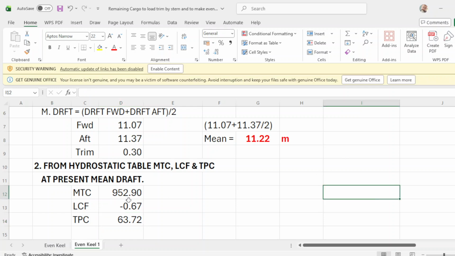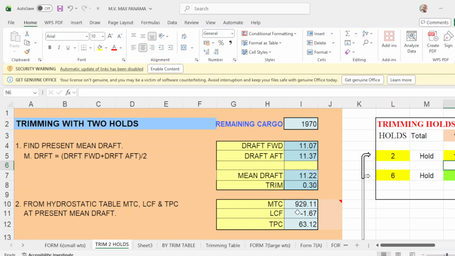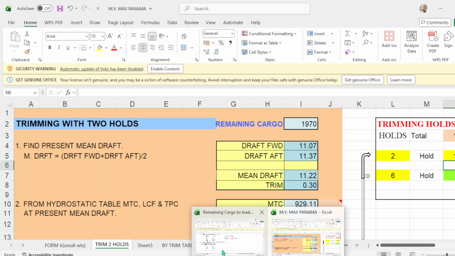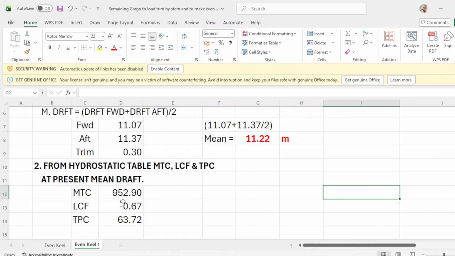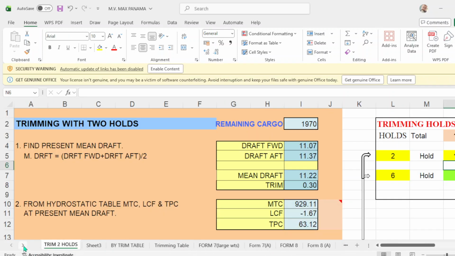You have your MTC of 952.90, 9929. Okay, what is the LCF here? LCF is, let me check the program, guys. It should be, okay, put this up here, go to the program.